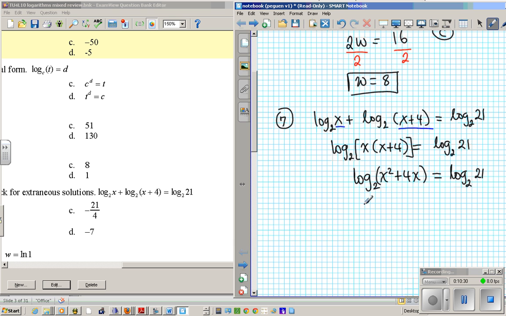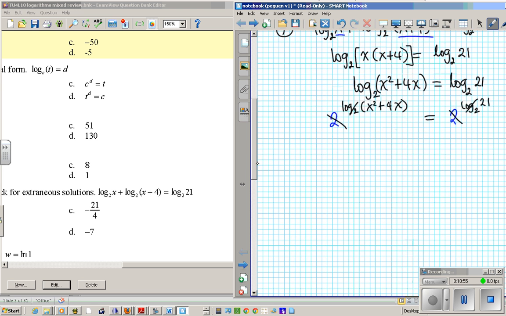So next thing we can do is get rid of the logs since we have condensed the left side. So to get rid of the logs, you put a big 2 on the left, put a big 2 on the right. It becomes a little log base 2 of x squared plus 4x equals little log base 2 of 21. This 2 takes out the logs into inverses, and this takes that out.